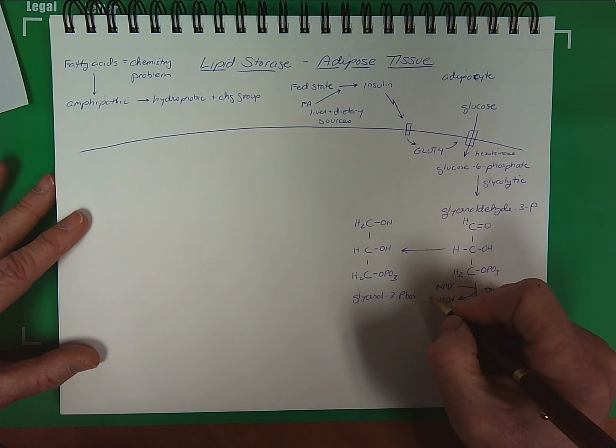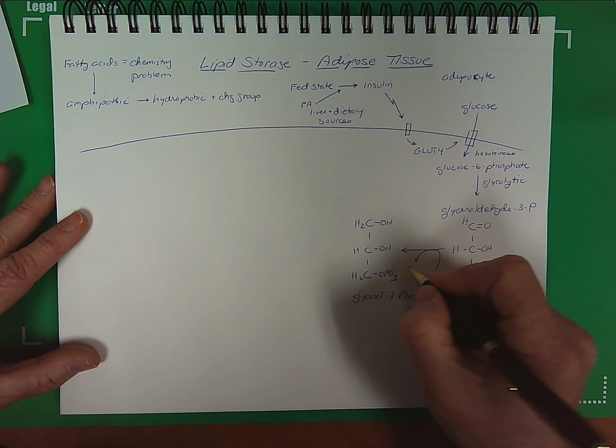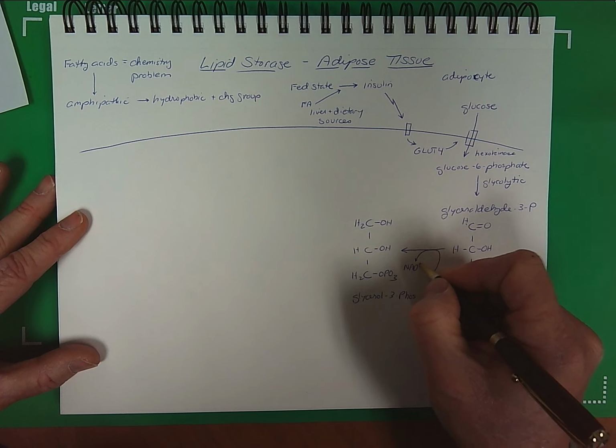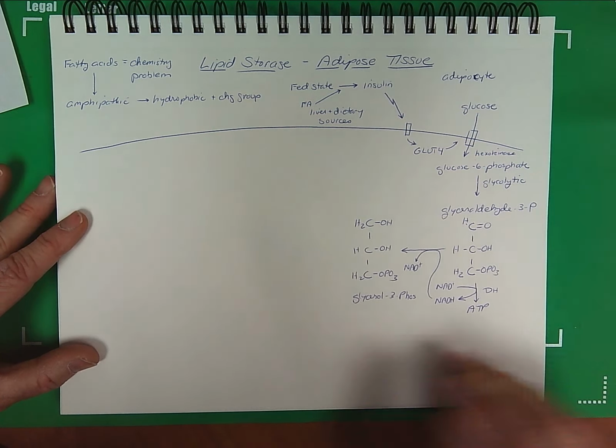Now recall, this is also a redox reaction, and so we're generating NAD, which can continue to support continued energy production if we need some additional ATP.